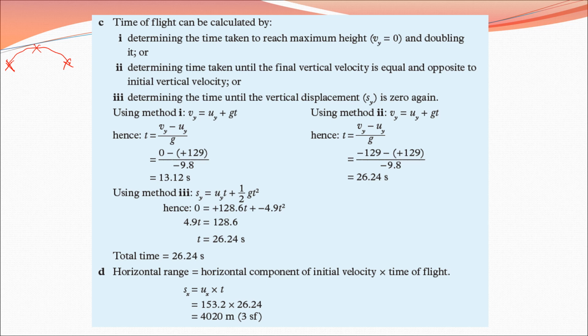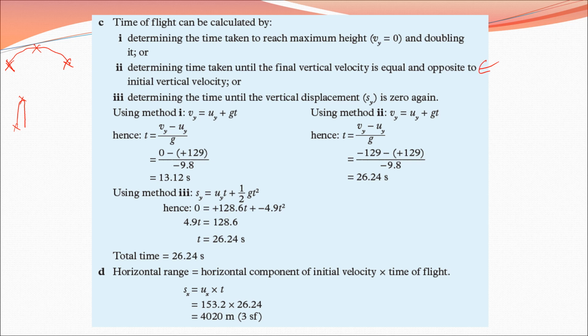That's like saying the bullet has gone up and come back down again, because we're only looking at the vertical direction. From here to here, and double that time. And that's how we get the time of the flight.